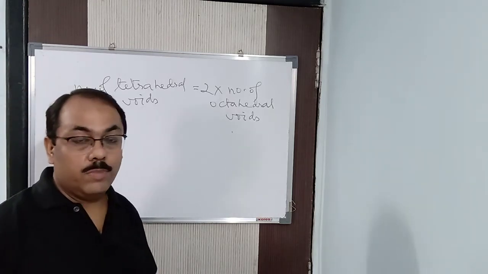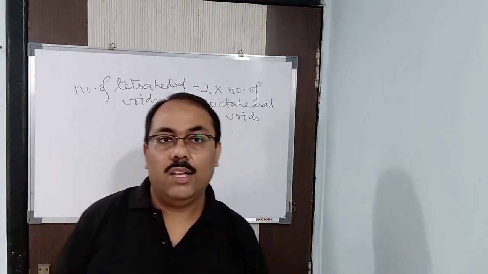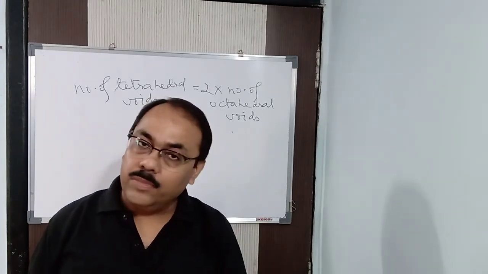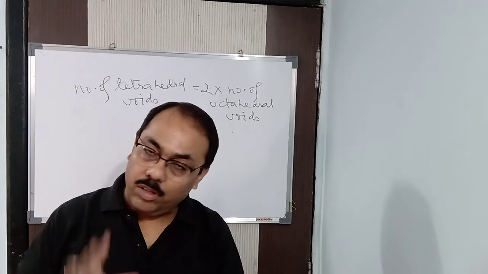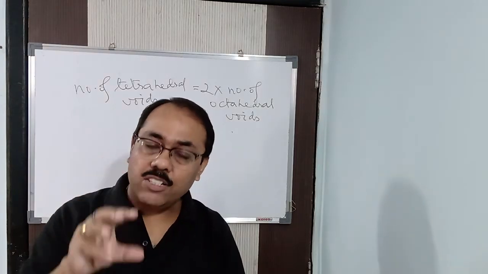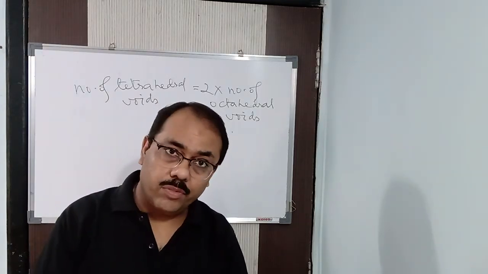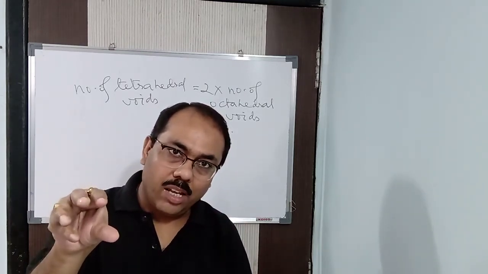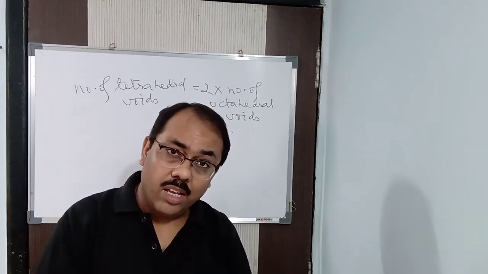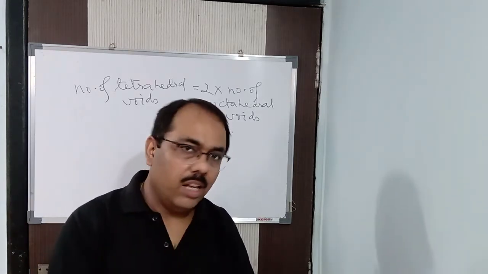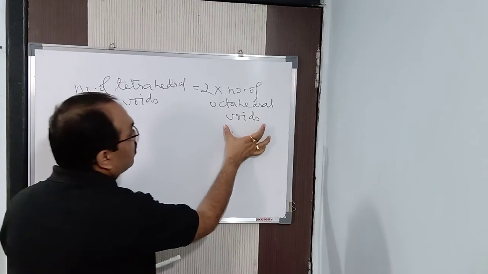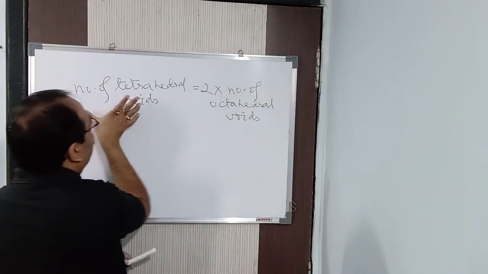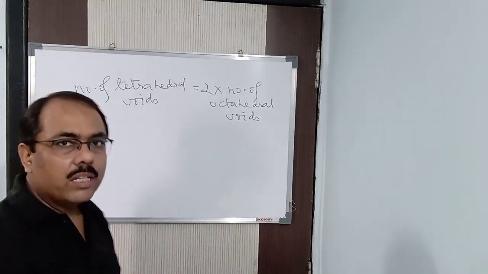Because the space occupied by an octahedral void is 0.414 and the space occupied by a tetrahedral void is 0.225. So 0.225 and 0.225: how many tetra are you keeping? 2 tetra, in one octa. So if the number of octahedral voids is x, then tetrahedral voids will be 2x.